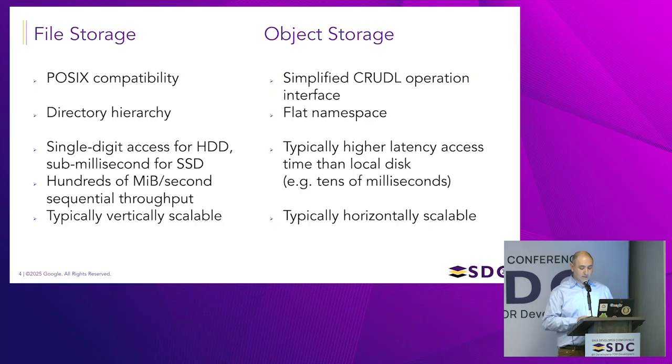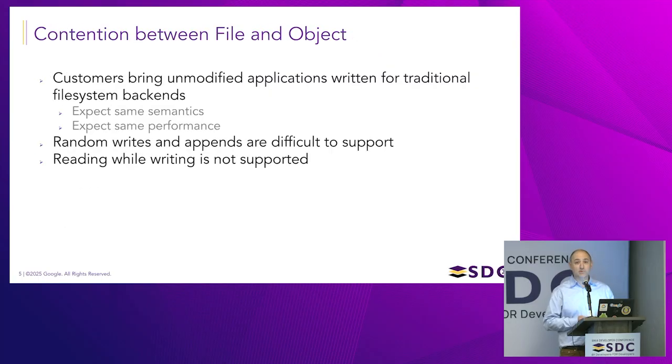And what we're trying to talk about here is the contention between file and object. So we have customers that bring unmodified applications written for traditional file system backends, either local file system or expecting remote file system, and they expect the same semantics and performance when they wrote the application and tested it on those file workloads. And so there are some things that typically go wrong here, right?